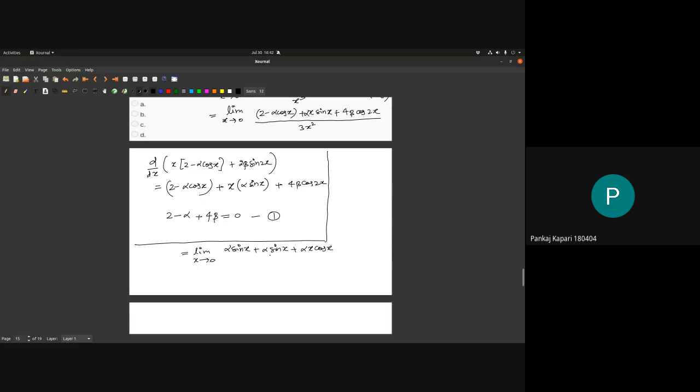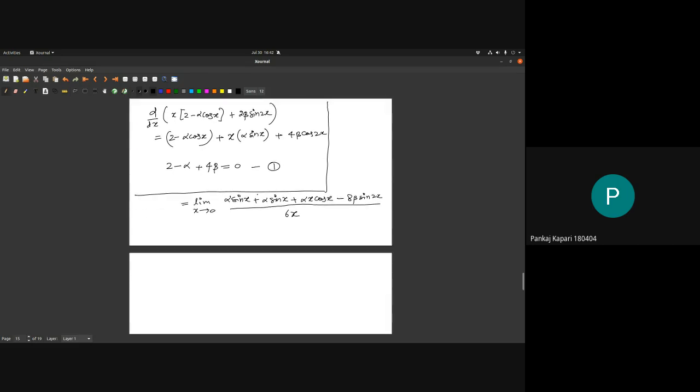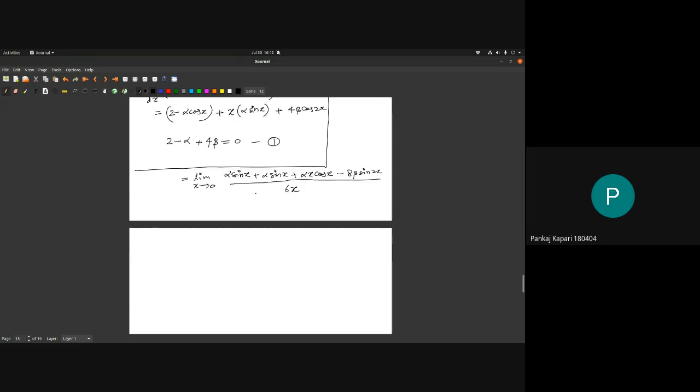These second and third terms we get after applying the product rule here. And what is the derivative of the last term? This 8 beta cos 2x, and divide by 6x, the derivative of the denominator. Again put 0 and check if it is again in 0 by 0 form or not, so that you will have a second constraint.